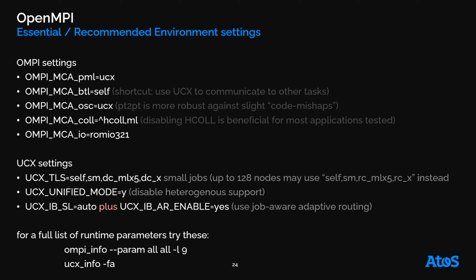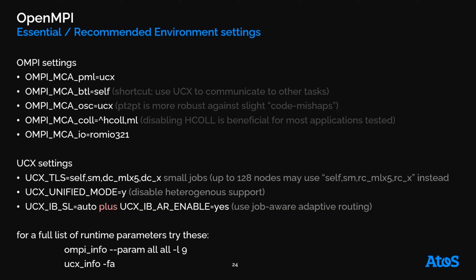UCX unified mode tells the library that every participant in the set of processes sees the same kind of network and has the same kind of architecture, and therefore can disable heterogeneous support.